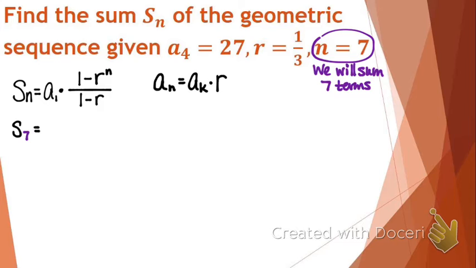So I'm using the general equation for the nth term. We're looking for the first term. So a sub 1 equals, we have the fourth term, so that's what I'm going to put here, a sub 4 times our common ratio, which is 1/3 to the power of 1 minus 4.